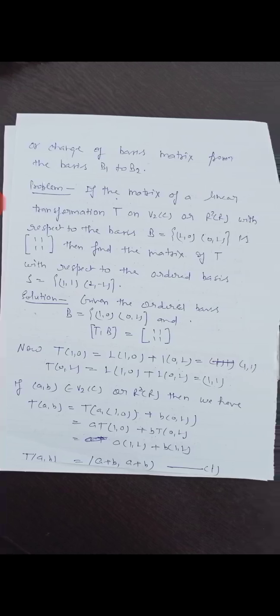This is equation first. Here the new ordered basis is S = {(1, 1), (1, -1)}. We have T(1, 1) = (1 + 1, 1 + 1) = (2, 2). Now (2, 2) = alpha(1, 1) + beta(1, -1) = (alpha + beta, alpha - beta).